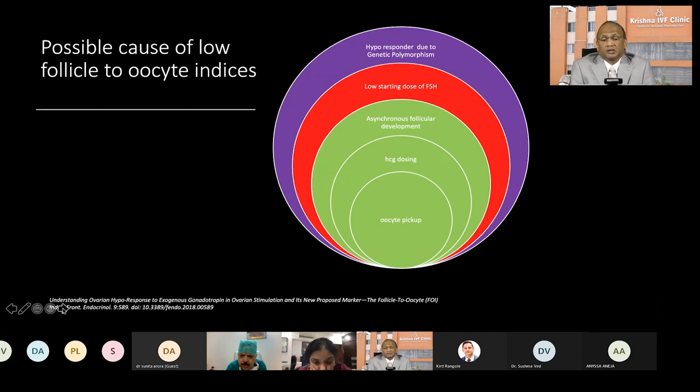The next most important is low starting dosage, and the last, but the main topic of this discussion, will be the response due to genetic polymorphism.